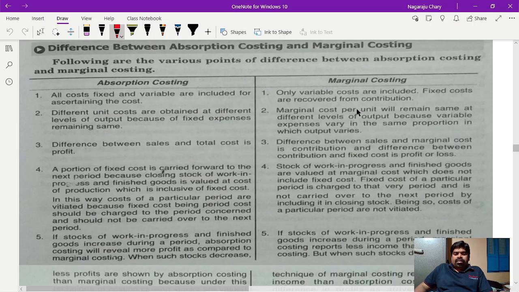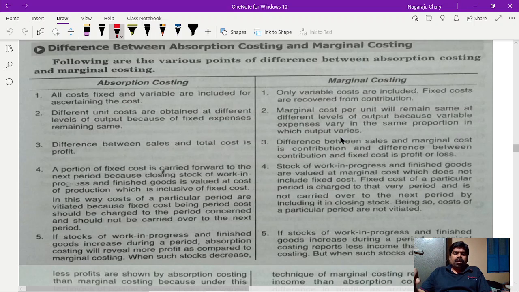Whereas in marginal costing, the cost per unit will remain the same. Marginal cost per unit will remain the same at different levels of output because variable expenses vary in the same proportion in which output varies. As per the output, variable cost may increase or decrease.